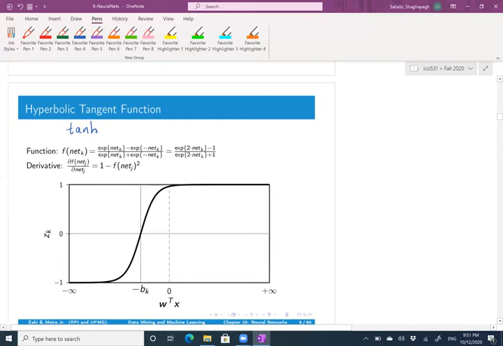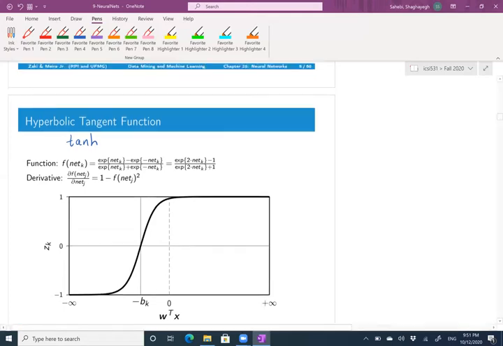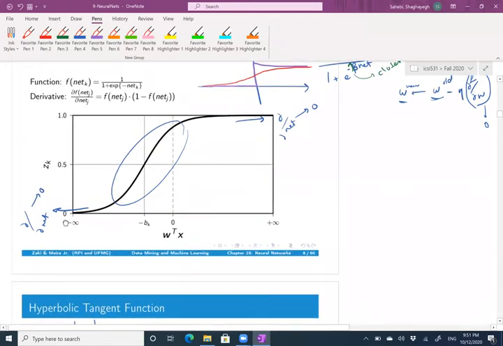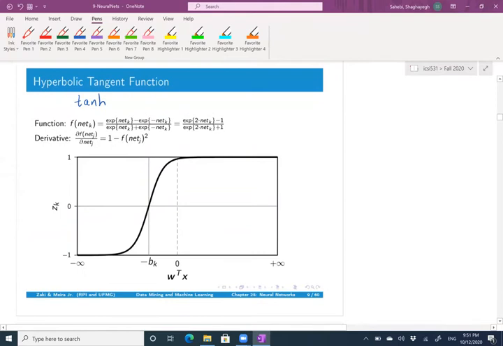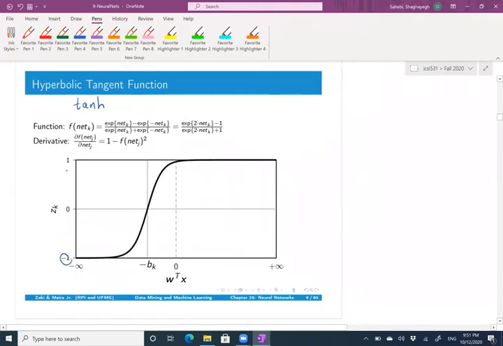So tanh is very similar to sigmoid, but the difference is that instead of being between 0 and 1, you remember that the sigmoid value was between 0 and 1, right? Instead, tanh is between -1 and 1.